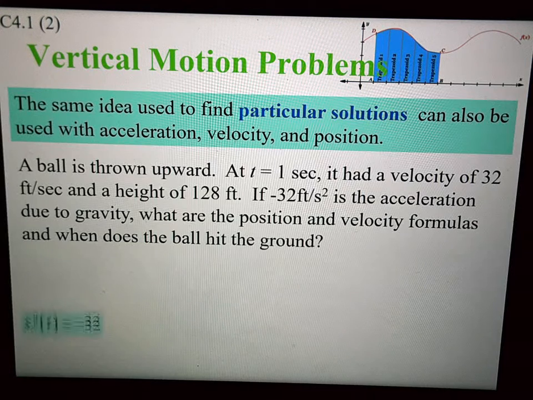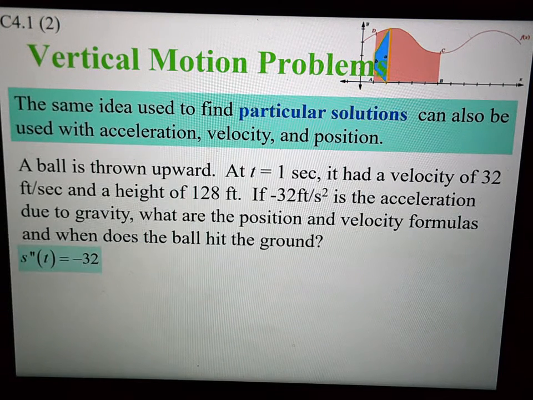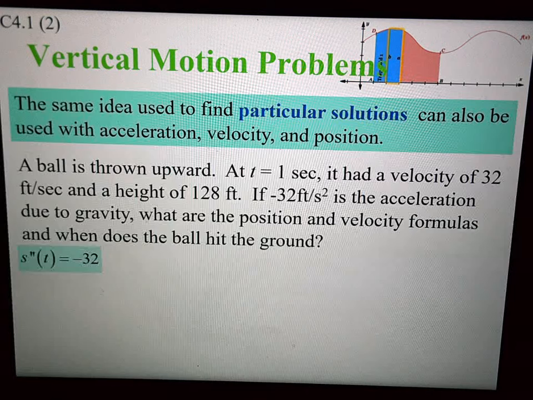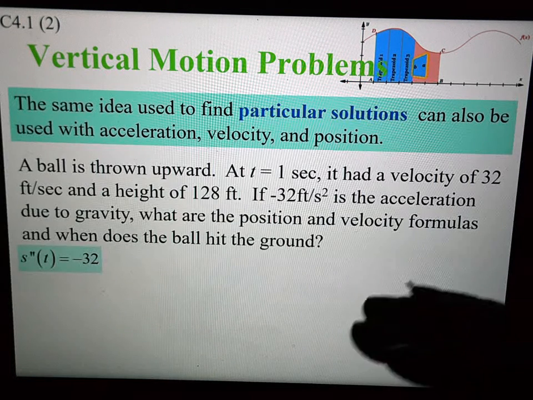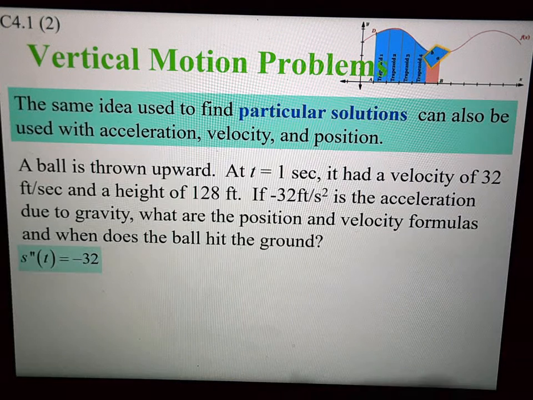Okay. So the very first thing that we have to start with is the acceleration due to gravity. What we learned in Unit 2, Chapter 2, was that the derivative of position is velocity, and the derivative of velocity is acceleration.